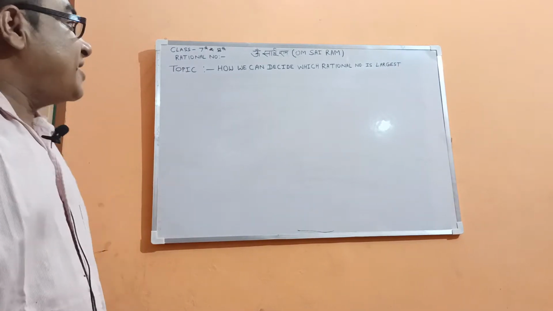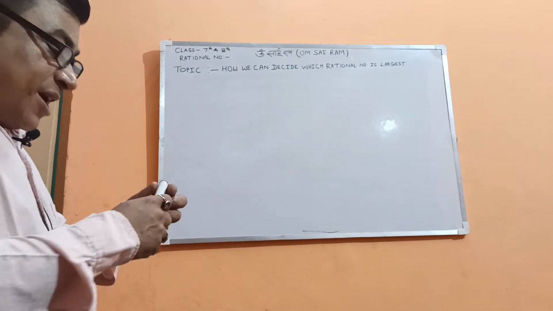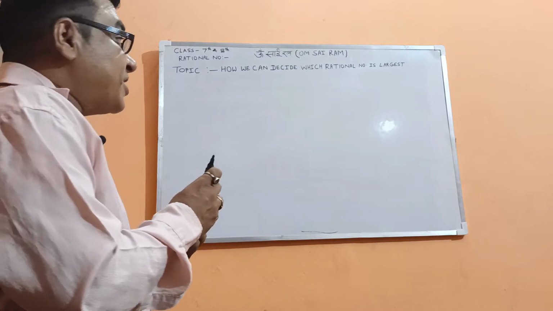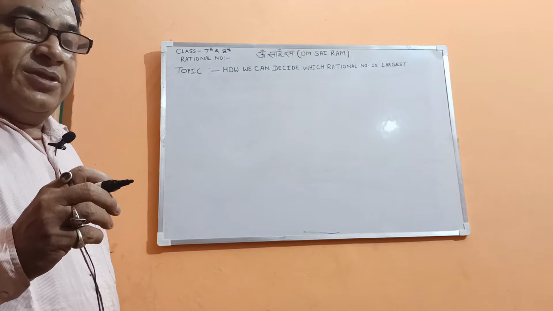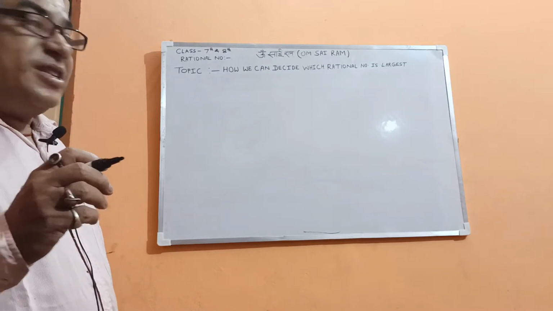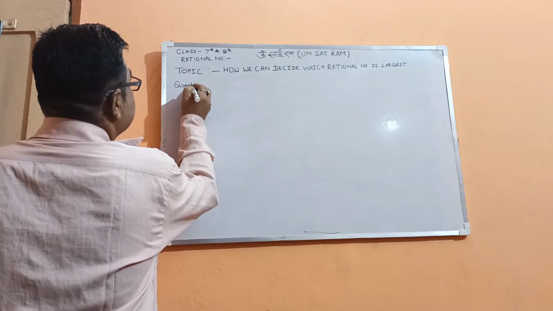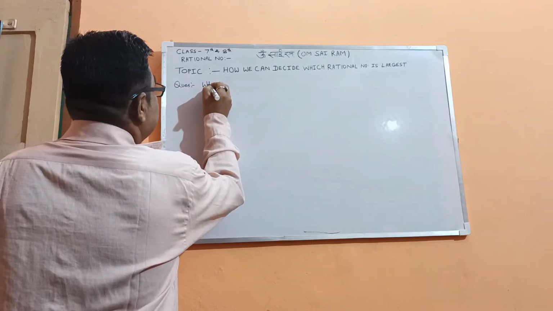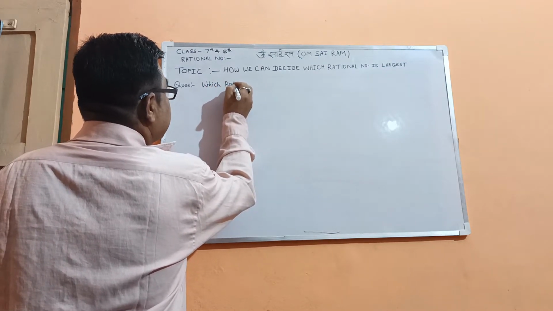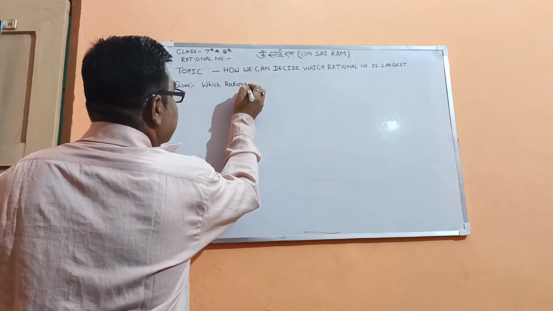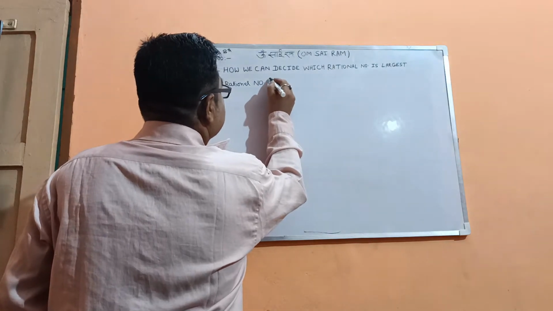Now we will decide which rational number is largest. For that, I am writing two rational numbers, and we have to find which of the two is largest.